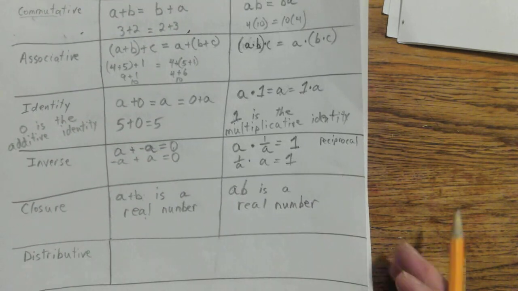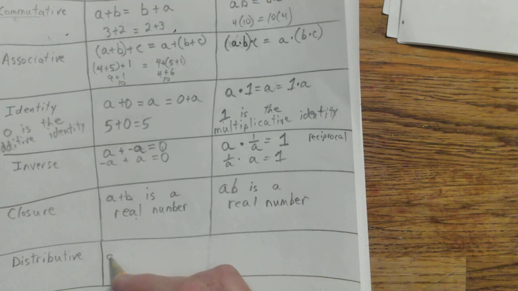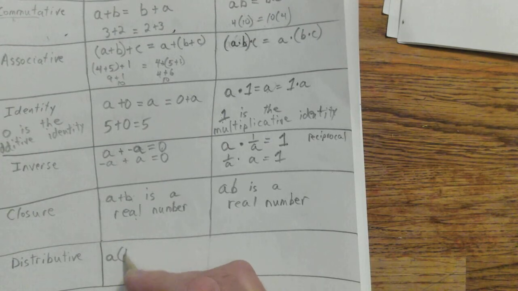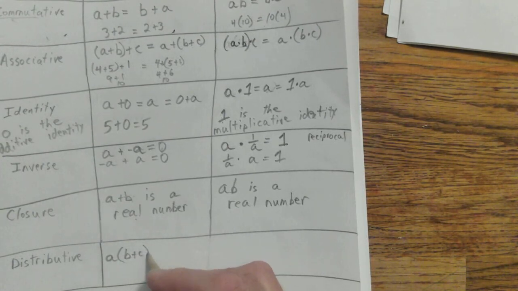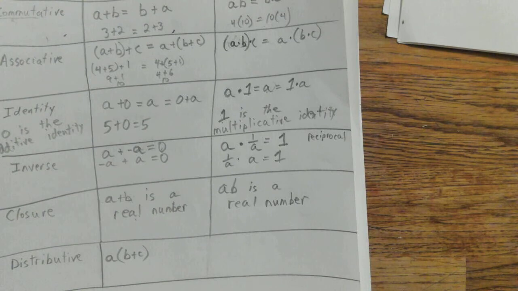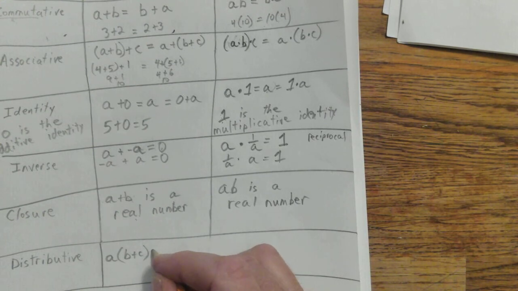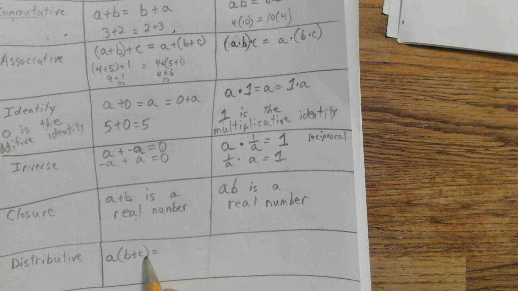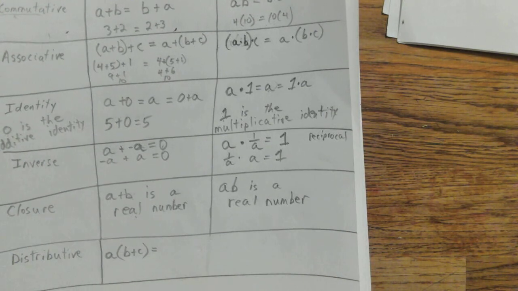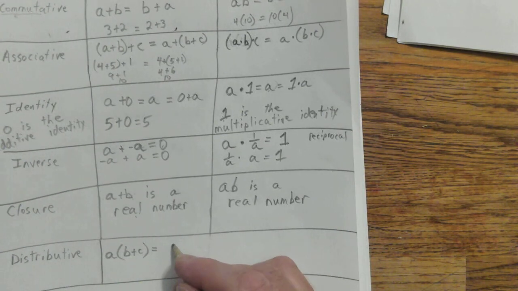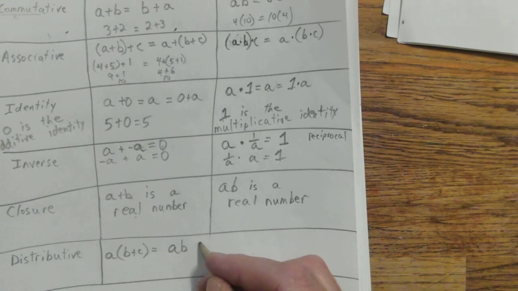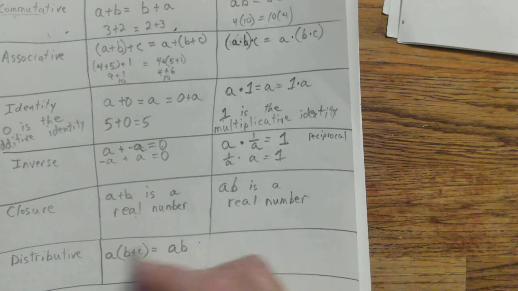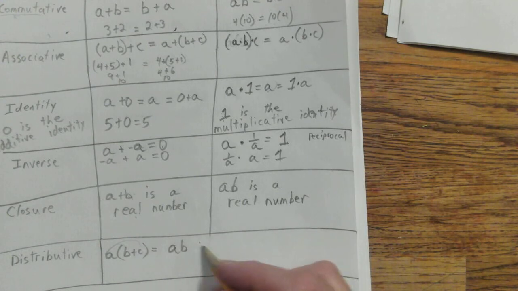The distributive property combines multiplication and addition, sorry. So you take a times b and you take plus a times c.